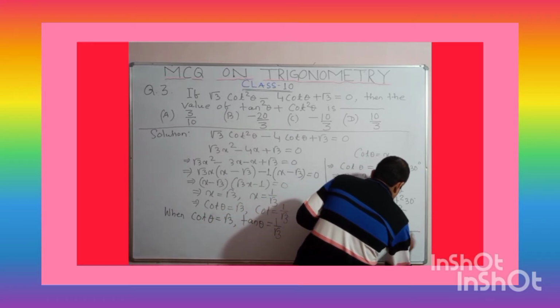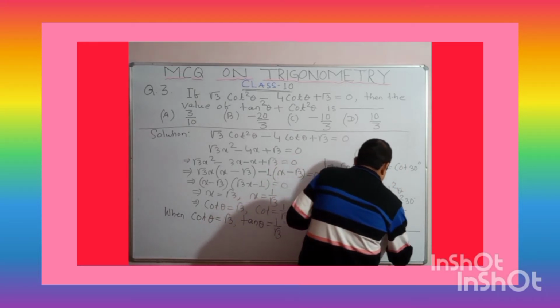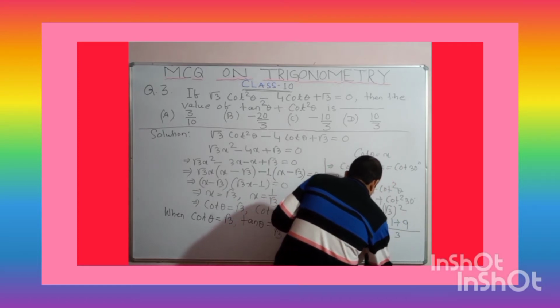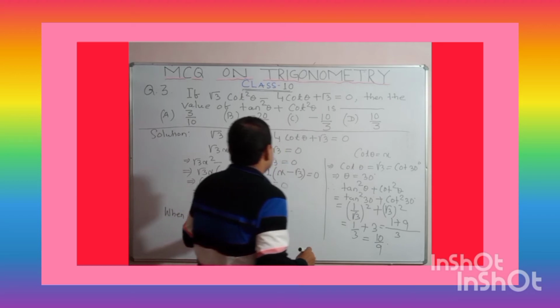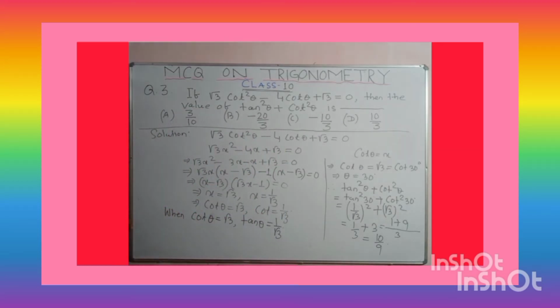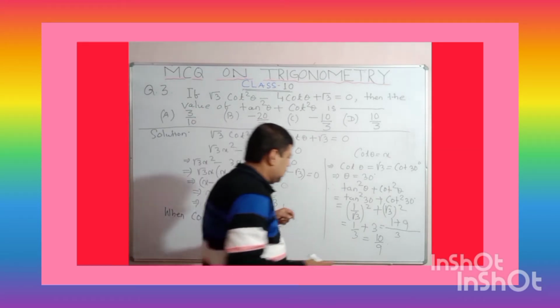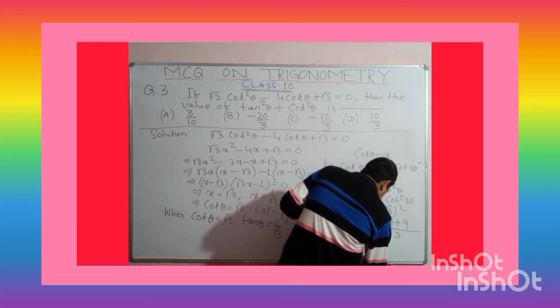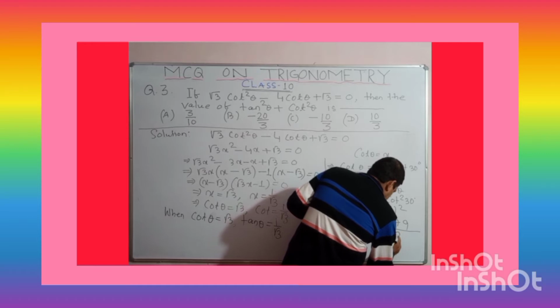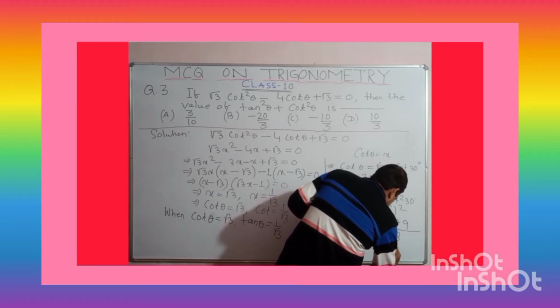Take the LCM 3. So it will be 1 plus 9 over 3, so the answer is 10 upon 3. Not 10 upon 9, it is 10 upon 3 here. Understand?